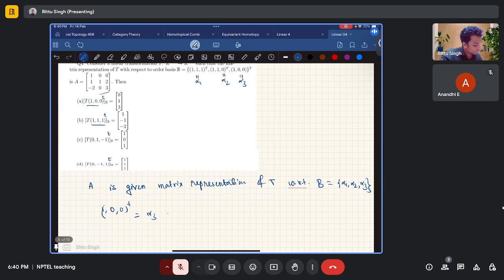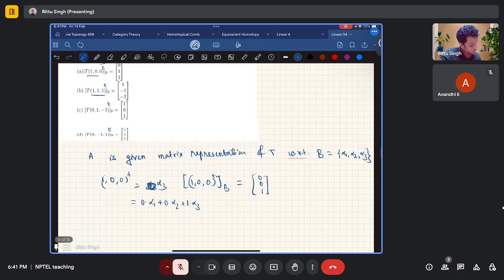And therefore the coordinate of 1 0 0, alpha 3, that is we can write alpha 3, this is same as 0 times alpha 1 plus 0 times alpha 2 plus 1 times alpha 3. So coordinate of 1 0 0 with respect to the given basis is actually 0 0 1, right?